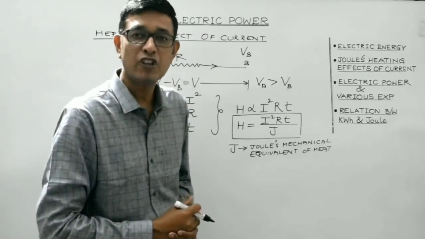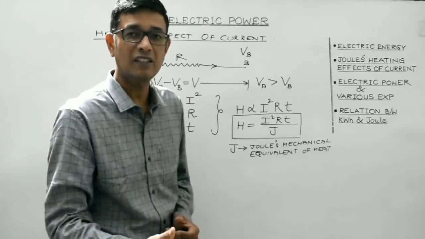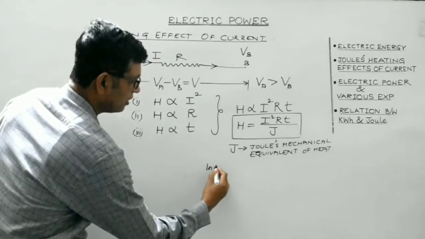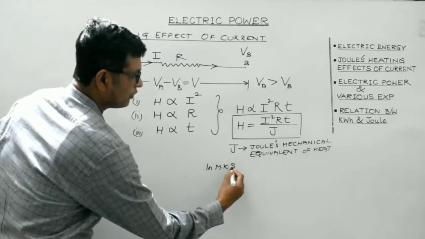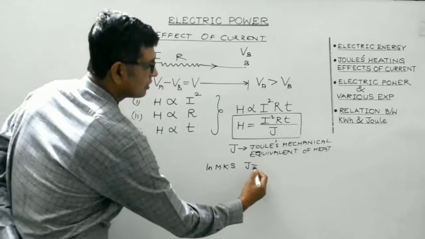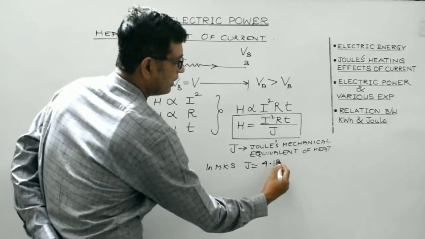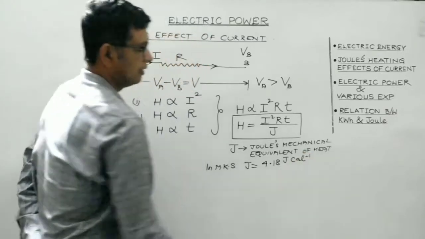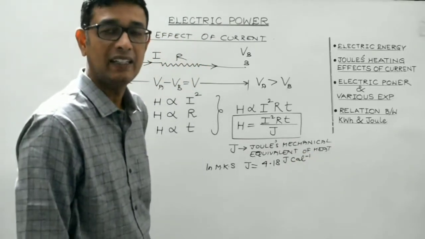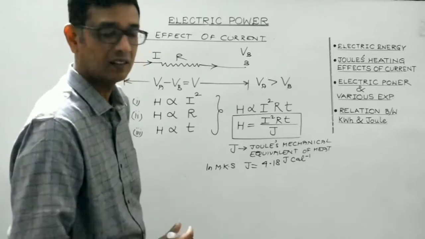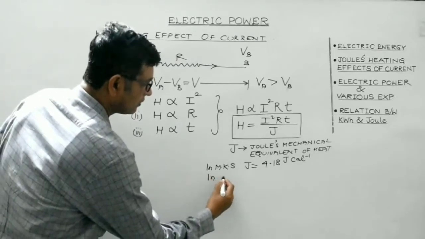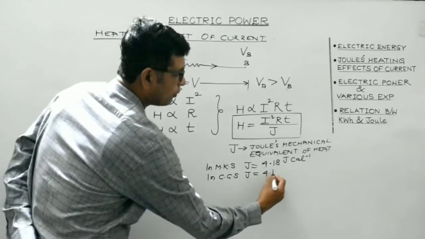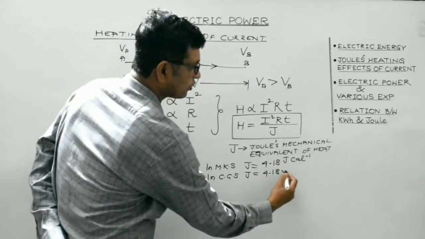Now here, we must be clear about the value of J. The value of capital J, that is Joule's conversion factor, is different in different systems of units. In MKS, it is very important from the examination point of view, the value of J is 4.18 Joule per calorie. In CGS, the value of J is 4.18 into 10 to 7 ergs per calorie, since 1 Joule is 10 to 7 ergs.